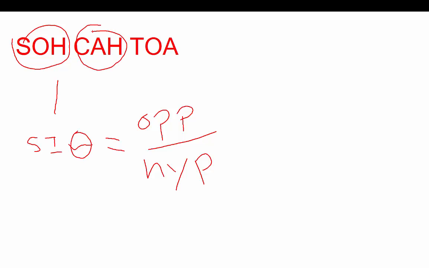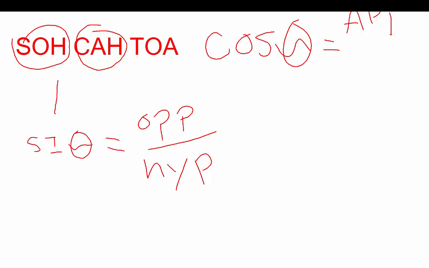Let's do CAH. So that is simply cosine of angle theta equals the adjacent, oops, I did a P there. It's supposed to be a D. Adjacent, over the hypotenuse.